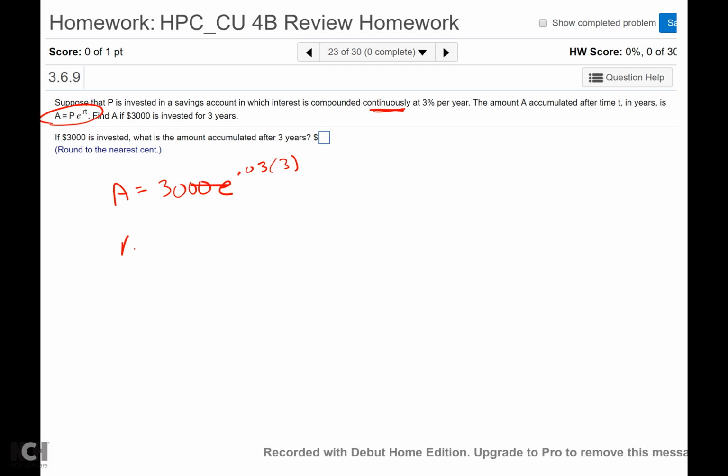Alright, so I have A equals 3,000 e to the 0.09, and if I do 3,000 caret 0.09... why did I write 0.03?